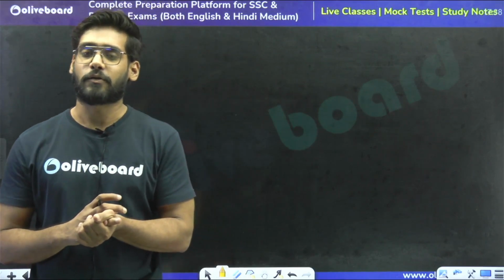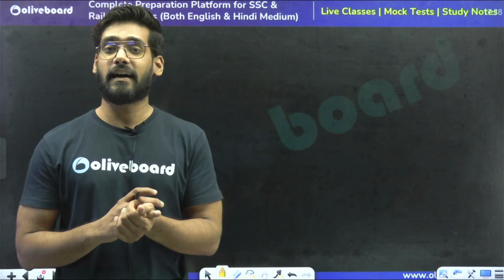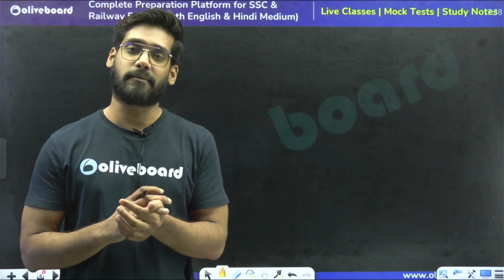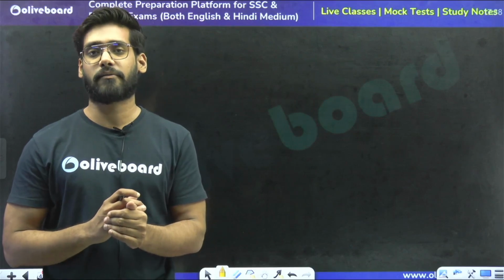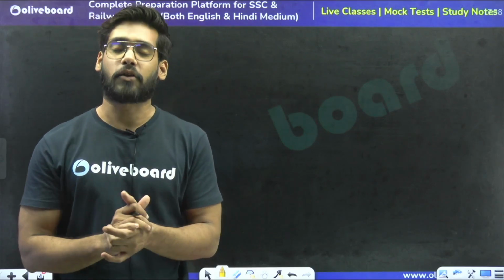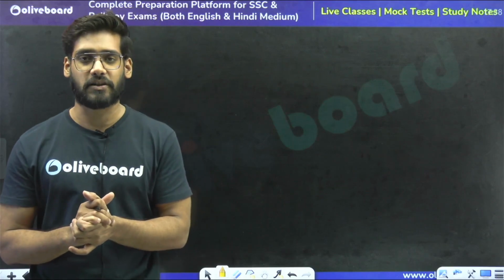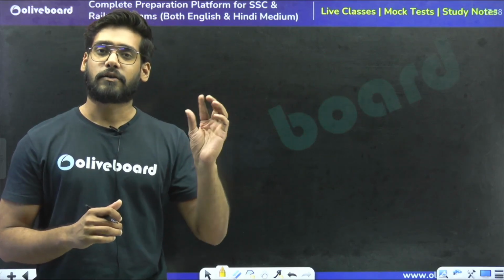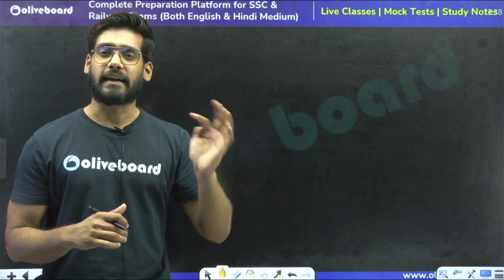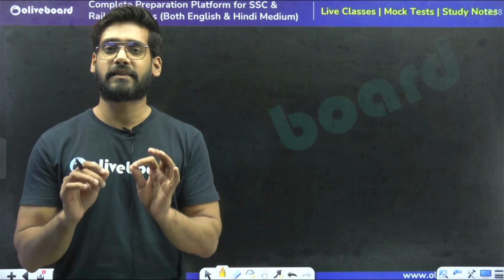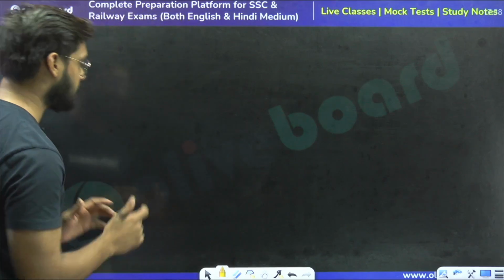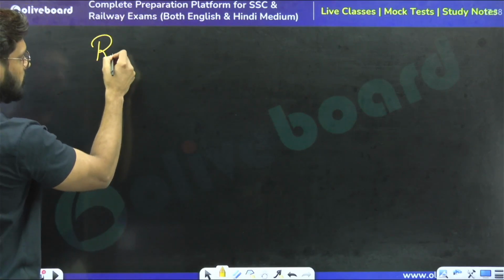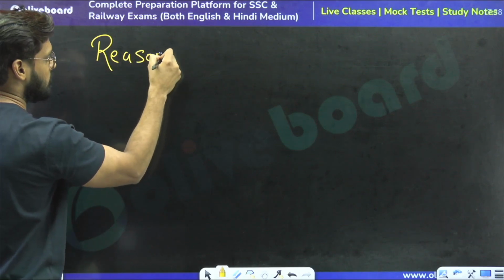Do you know that reasoning is the easiest subject of all the subjects in your curriculum, which come in your examination, from quant to GK to English to reasoning? The reasoning section is the easiest one that a student can do.